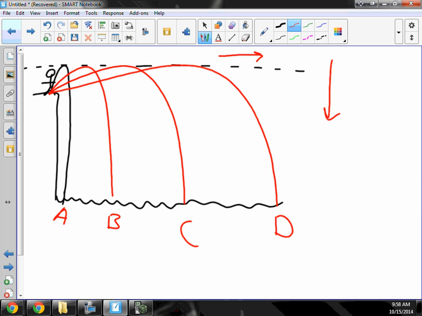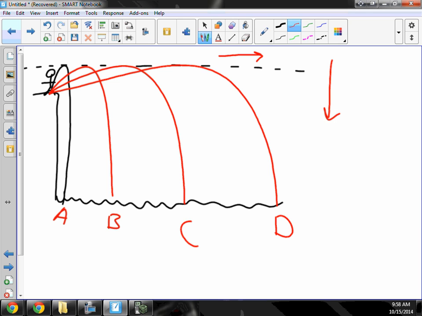The graph that you're looking at here measures how high you are versus how long it takes after you jump. We don't know if this graph is person A, B, C, or D, because A, B, C, and D follow the exact time versus height graph. Does that make sense?